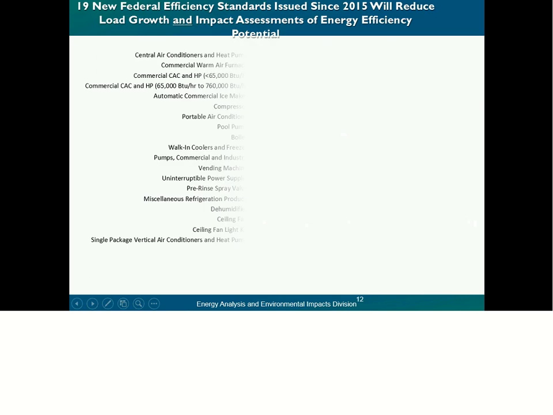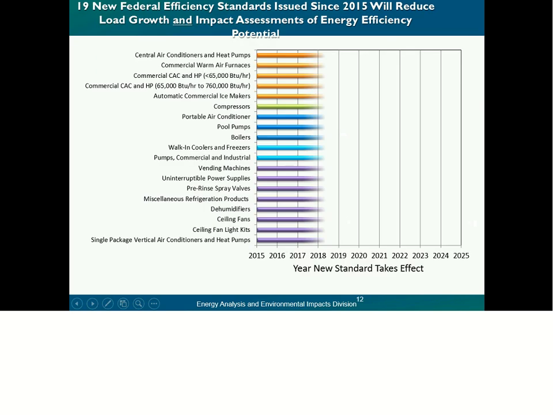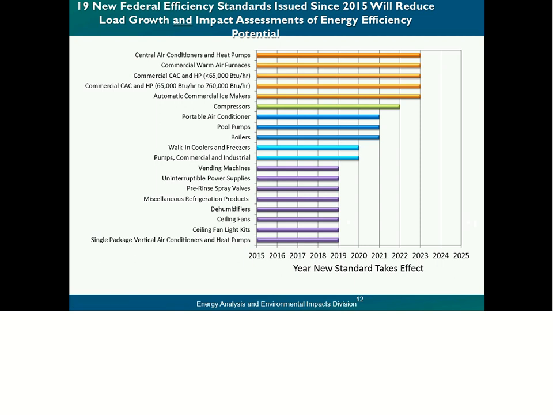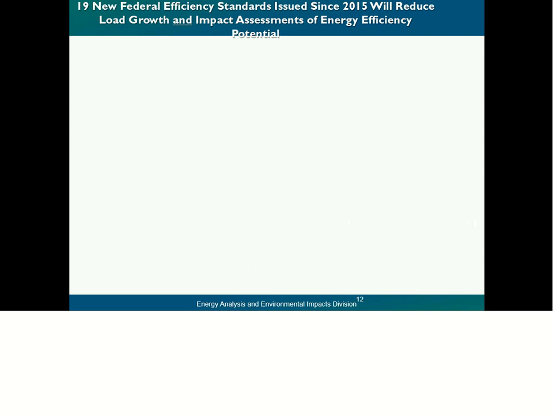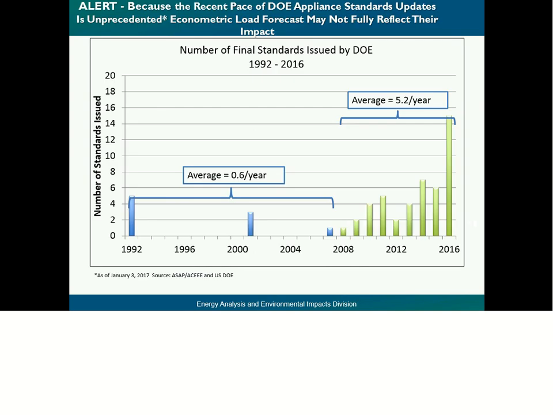They will significantly dampen load growth, and they will remove energy efficiency potential from your supply curves because they are captured by those federal standards. The reason this time frame is important is if you have an econometric forecast that's based on the trend lines, the relationship between the independent variables and the load, which is the dependent one, it does not see what happened here.